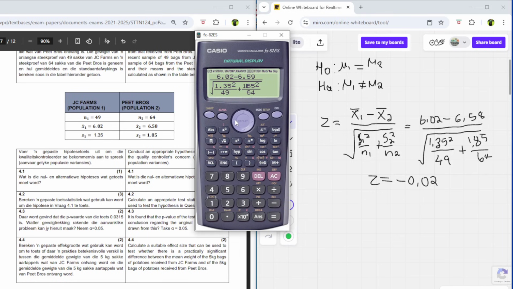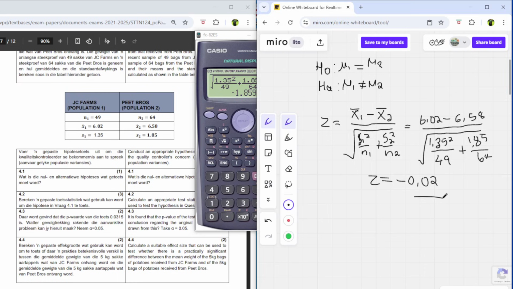Mistakes can happen, so you should always double check your calculation. I said 1.85 squared, and the answer is minus 1.860.